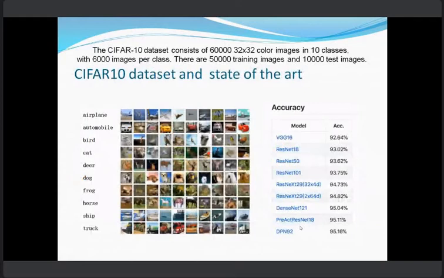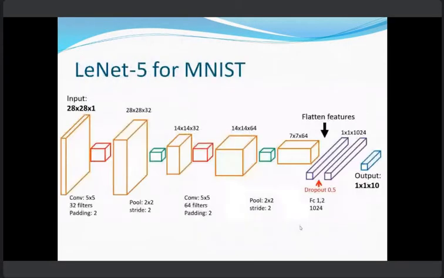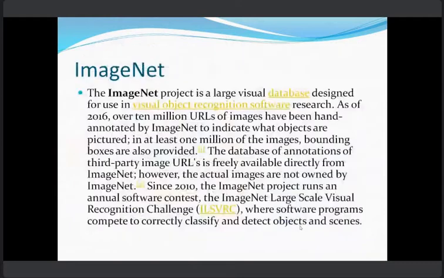The CIFAR-10 dataset is also popular. It contains color images, whereas MNIST contains only black and white images, that is grayscale images. ImageNet is a huge database consisting of millions of images.